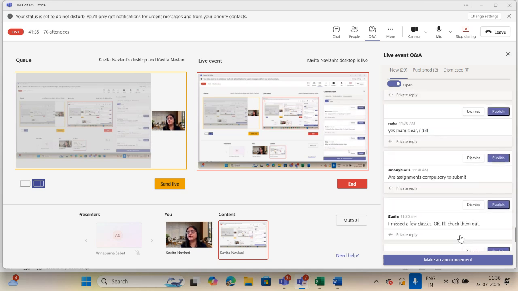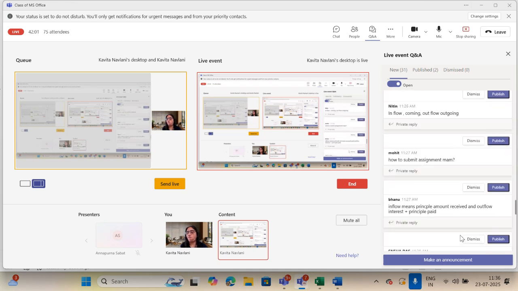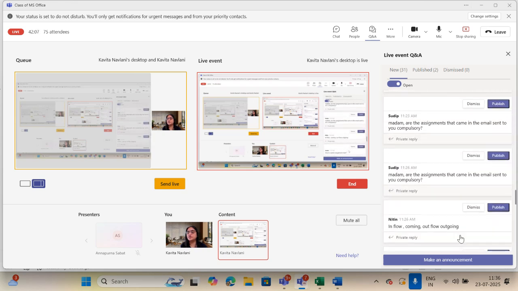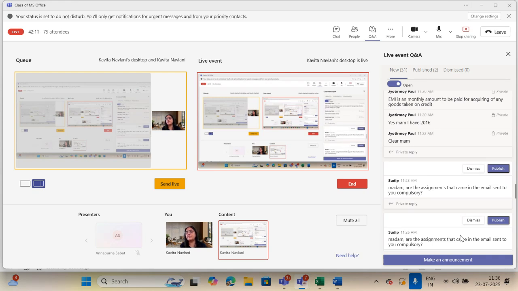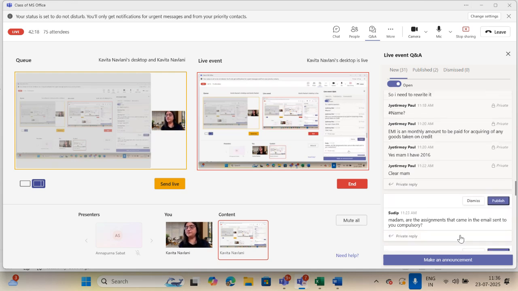Jyotirmay, are you doing it or not? Nitin? Sudeep, are you doing it? Don't worry about the assignment. Just do the things that are going on in the class. Don't worry about the assignments.